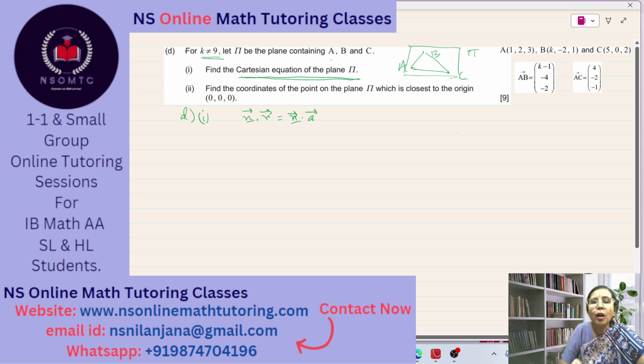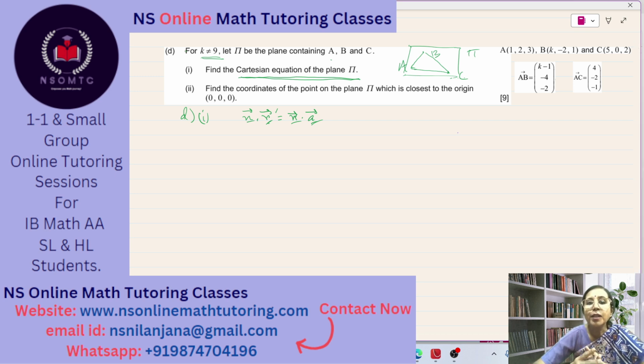Where n is the normal vector, normal to the plane. R is the position vector of any point lying on the plane, and a is the position vector of a particular point which is on the plane whose coordinates are known. Okay. So this is the normal equation of a plane.